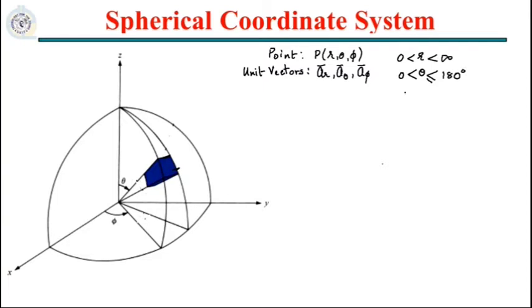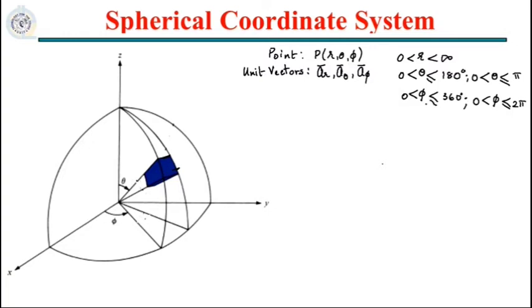Then what about phi? Phi has a value from 0 to 360 degrees. In terms of radians, theta has a value between 0 to pi, and phi has a value between 0 to 2 pi. So the range is clear.